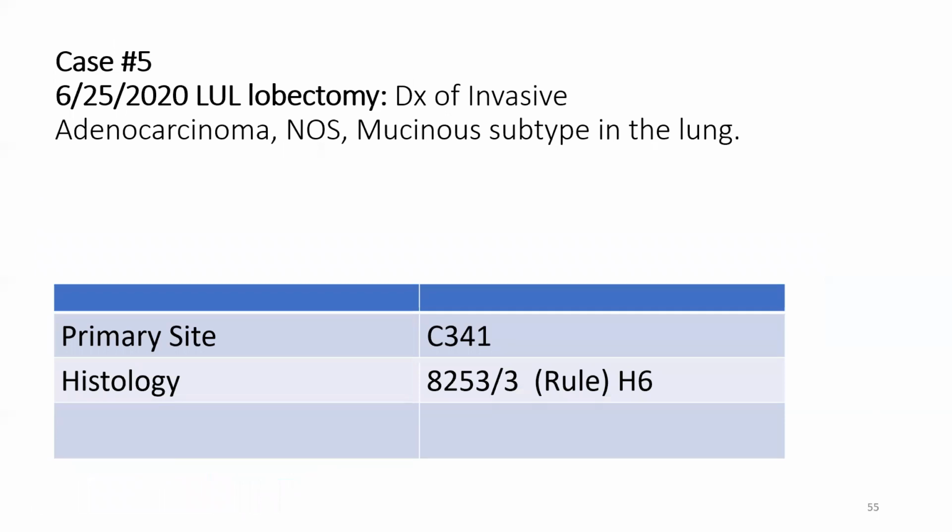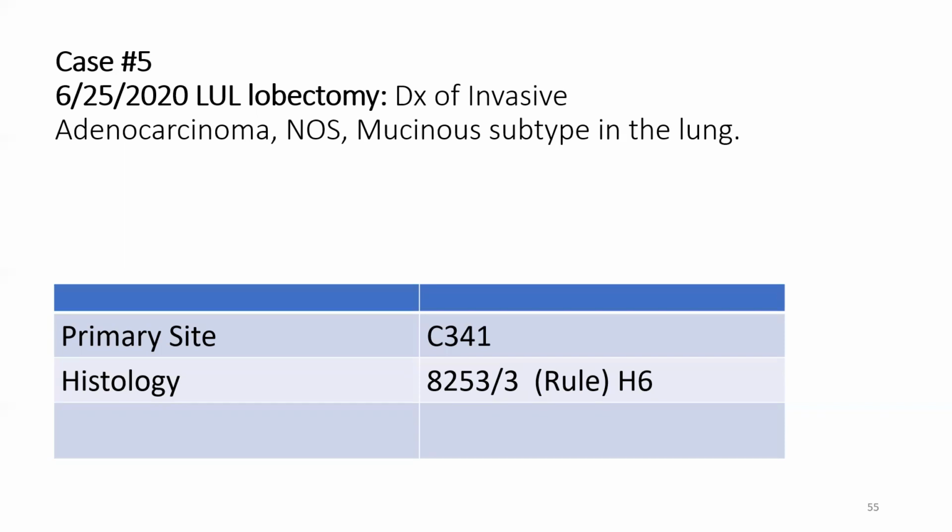Okay, this was a left upper lobe lobectomy. We have a diagnosis of invasive adenocarcinoma NOS. We also have a subtype of mucinous in the lung. And so going to, we have one mass or one tumor, so we know we have a single primary.